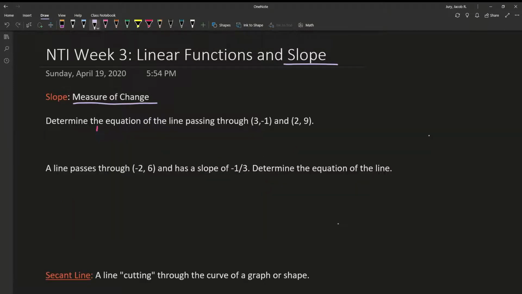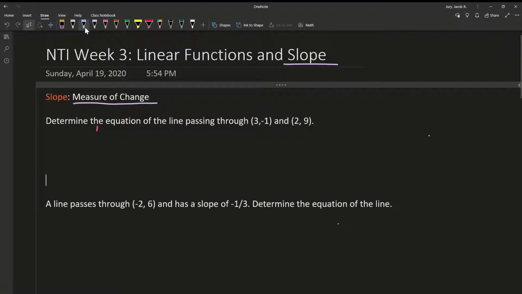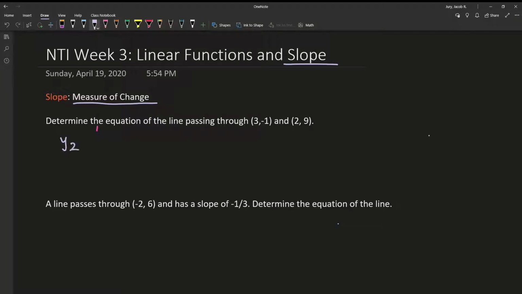I wanted to show you all a different way of determining the equation of a line, and that's using the point slope formula. This is pretty useful because we get all of our work done with slope and the y-intercept done in one go.